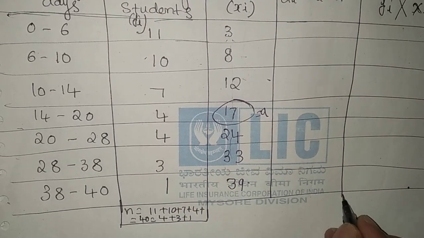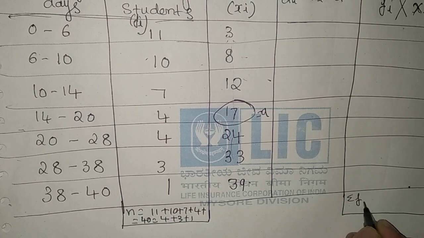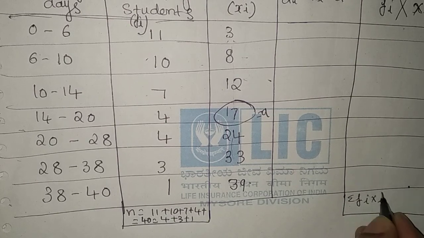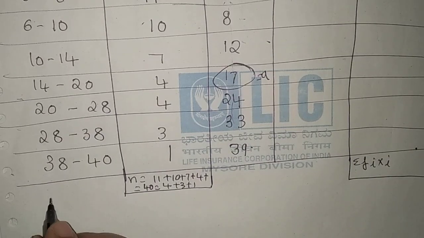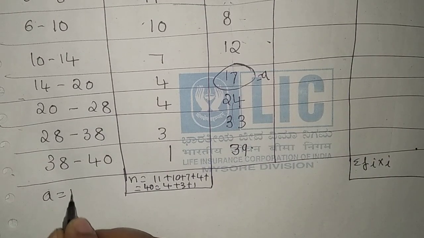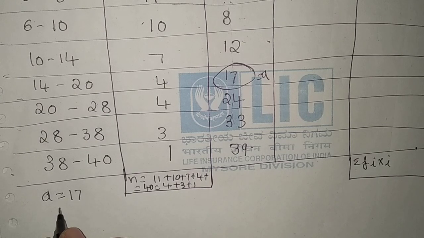Summation of Fi Xi. What is A? It is 17, and we'll calculate di.